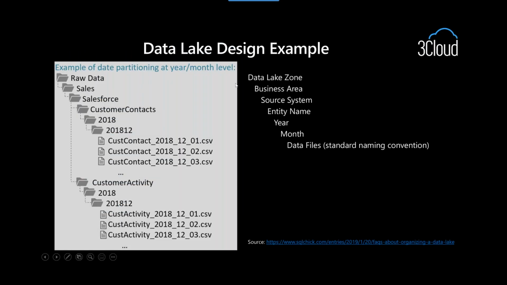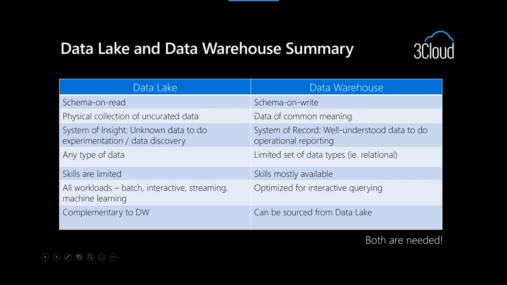Here's an example of a design, a typical file structure you would see even in Windows or Linux. It's hierarchical in nature. You'll see a lot of times when we're pulling data using, say, Data Factory, it'll natively store things correctly in that hierarchical structure. So in summary, schema on read versus schema on write.